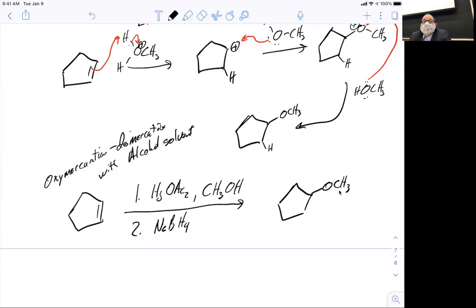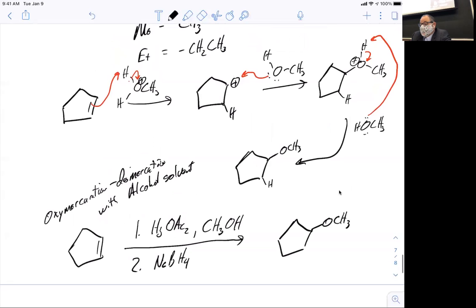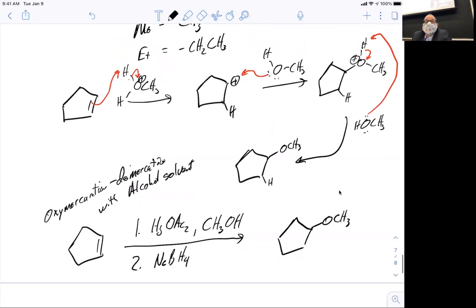And again, just a version of an old reaction. We're just changing our solvent and we've changed the product. Okay, questions about these two?